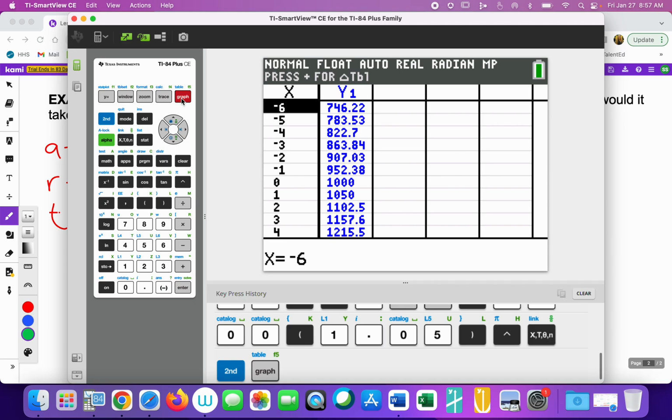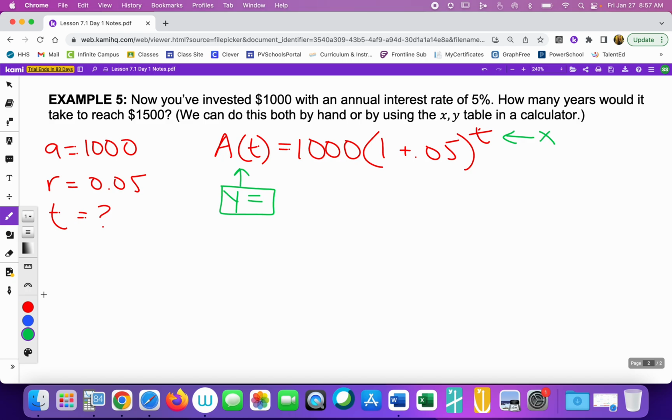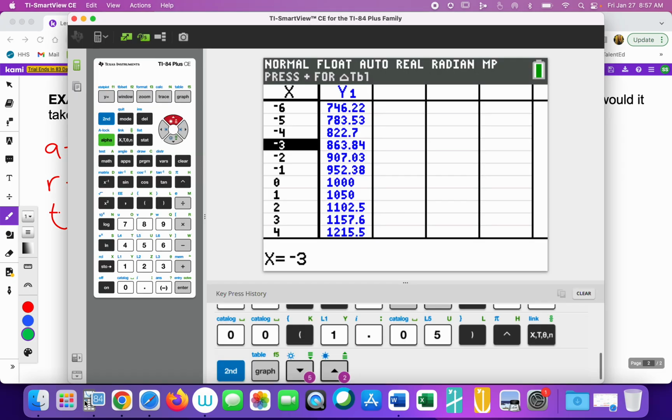So you can go straight to your table. It is asking us about how many years, which is a certain number of x values, until you reach 1500 bucks. So where do you think you're looking?